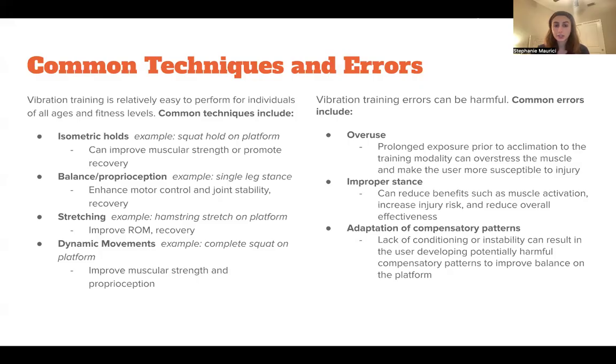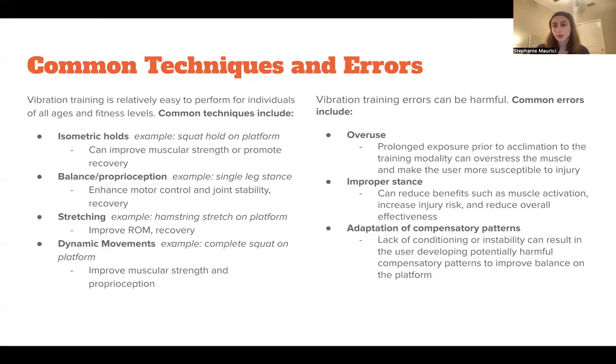We can do stretching on the vibration platform, such as a hamstring stretch to improve our range of motion and recovery, and also dynamic movements, such as completing the full range of motion, such as a squat on the platform to improve muscular strength and proprioception balance throughout the movement.